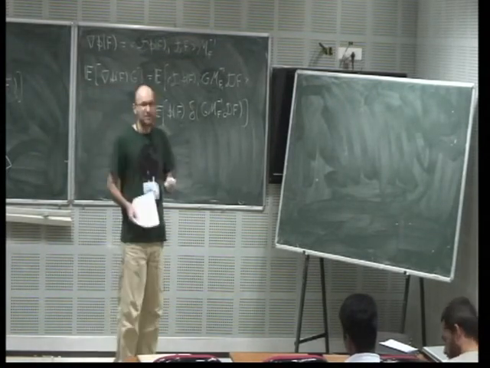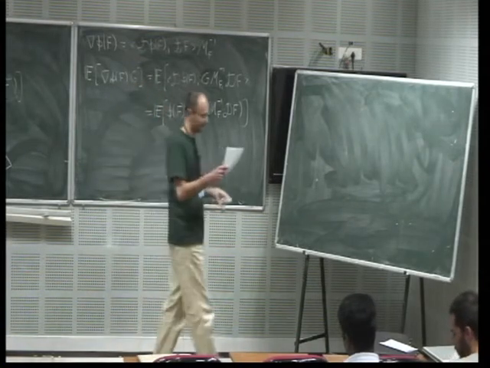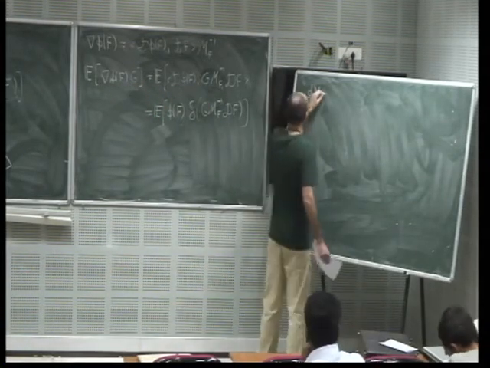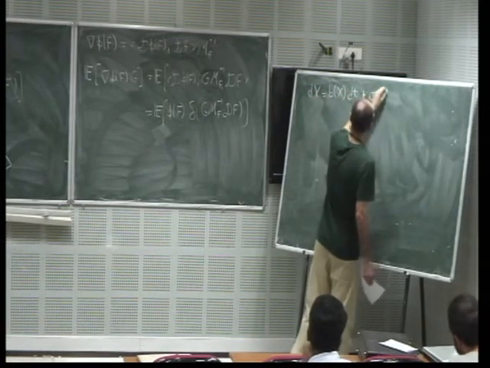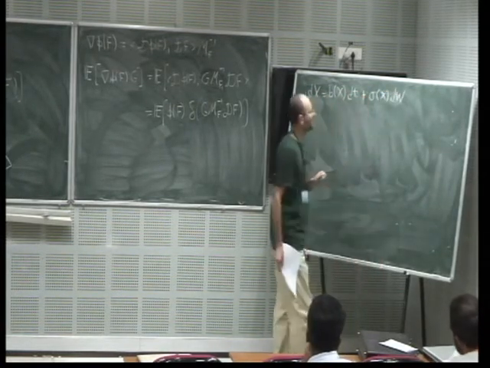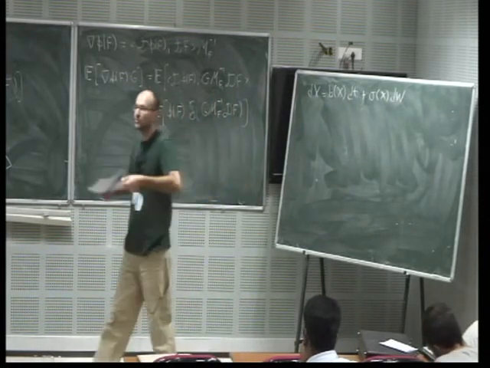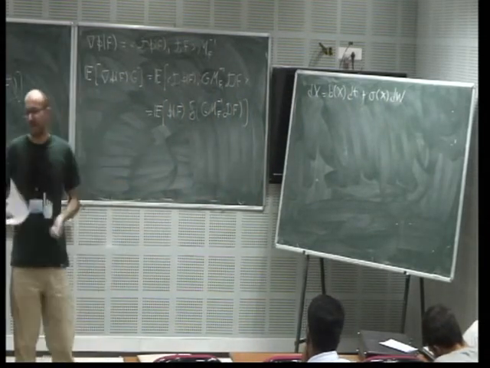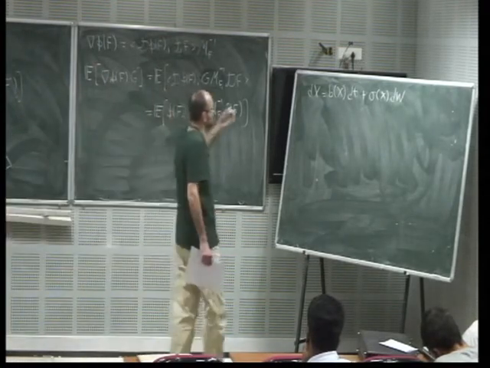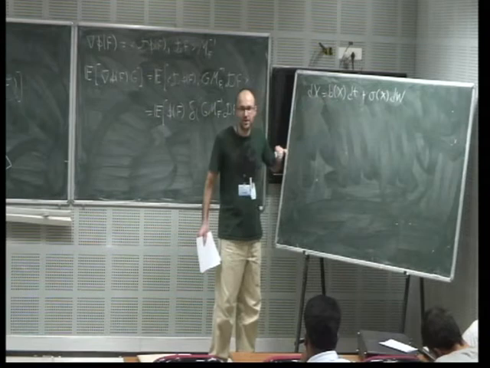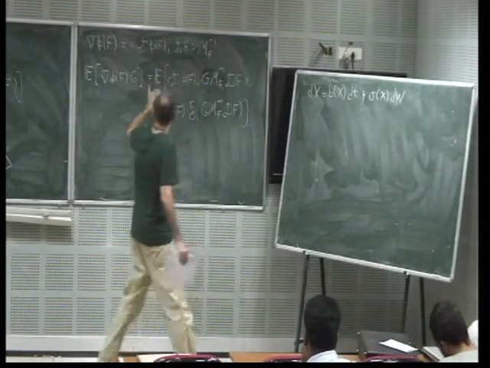Let us see what happens to SDEs. So let's take an SDE, dX equal to b of X dt plus sigma of X dW, and we want to see if we can compute the Malliavin derivative of the solution of this. Why? Because if we want to show that there is a density for a solution of a stochastic equation, what we do is use this integration by parts.